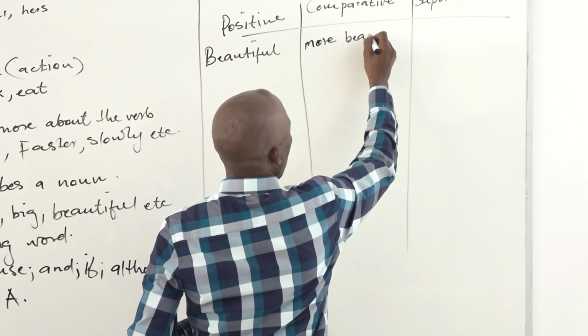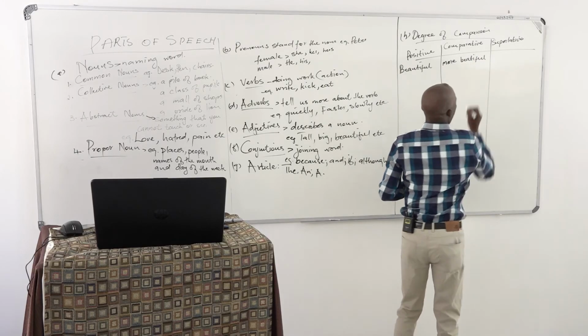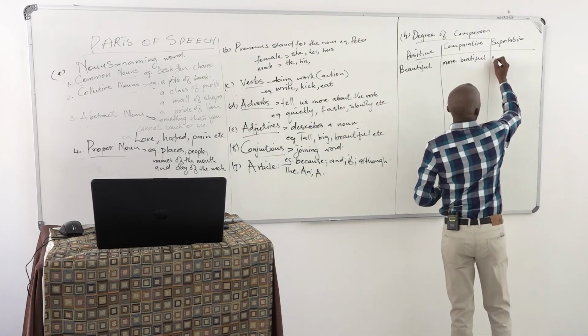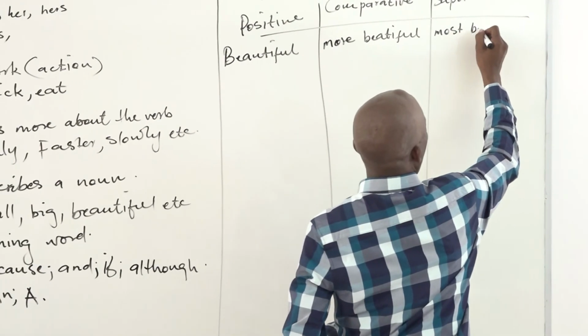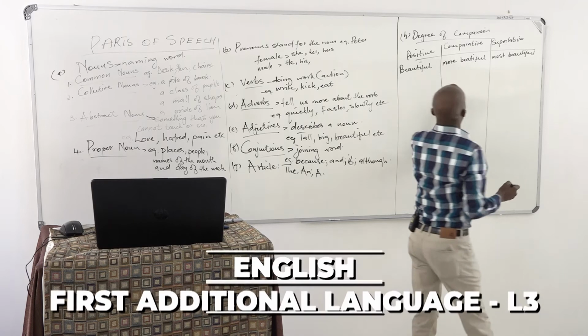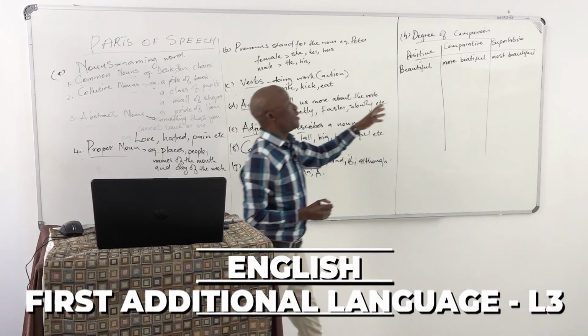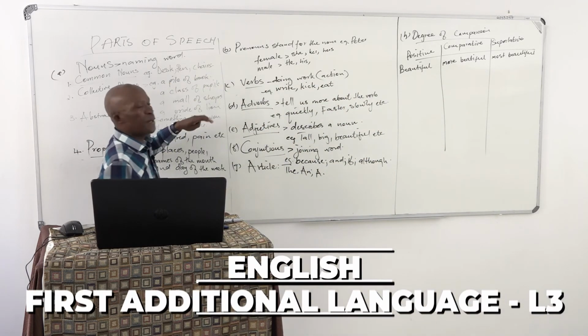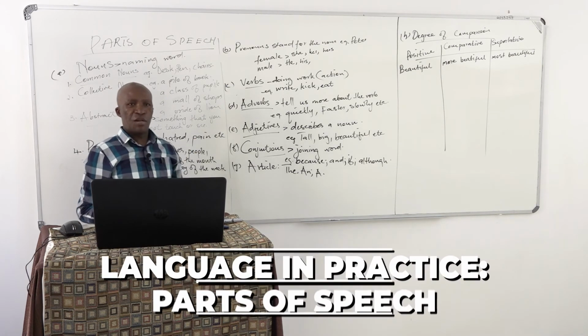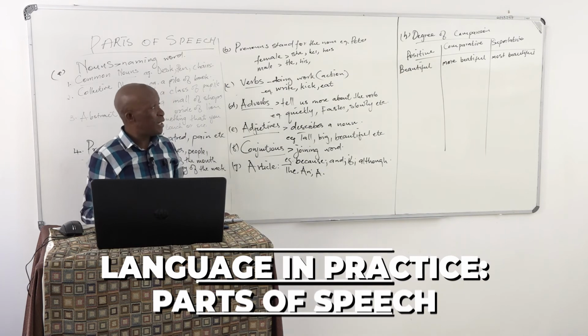Then the last one will be the most beautiful girl. That is how degree of comparisons works. That is also part of parts of speech, the common language that we use in our daily lives.